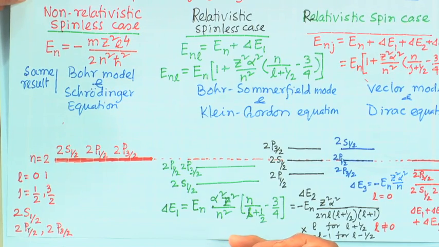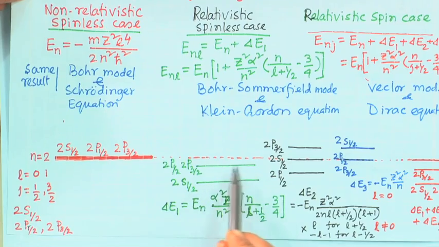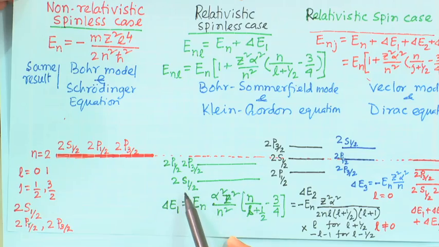P half and P 3 by 2 will have the same energy, whereas S half will have a different energy.